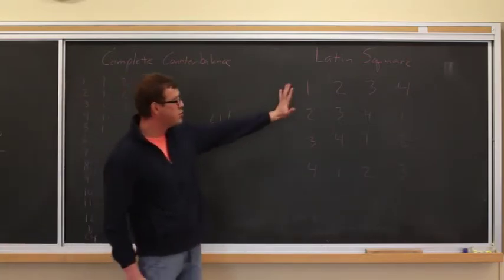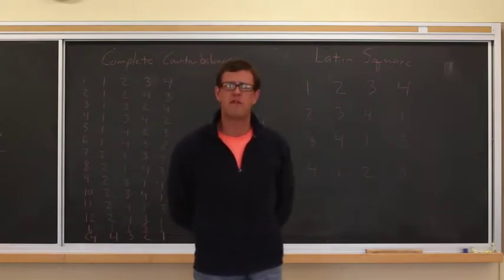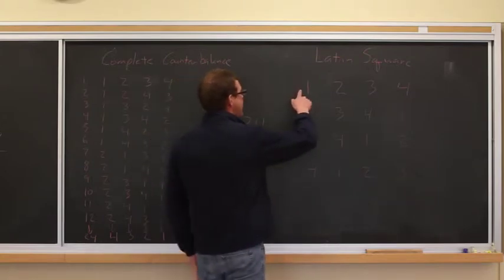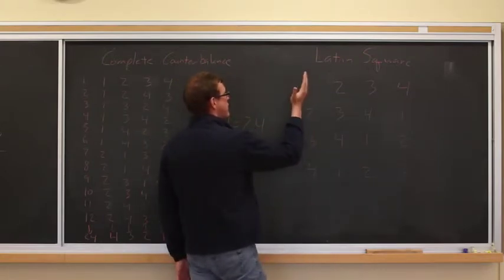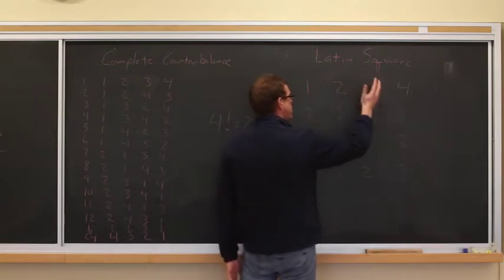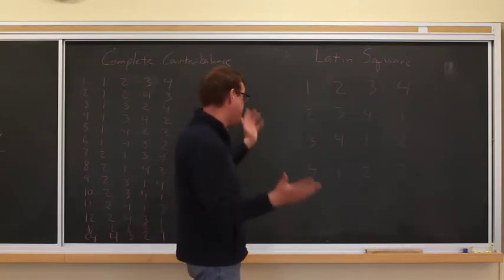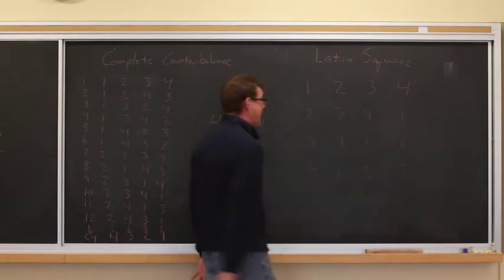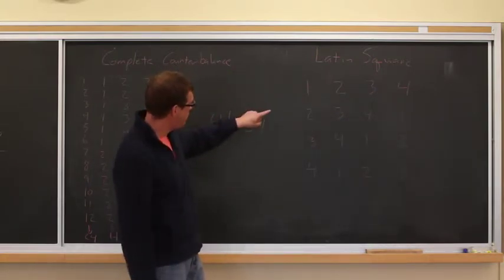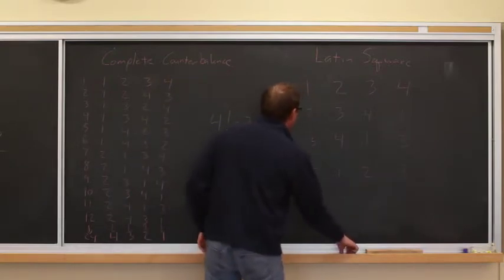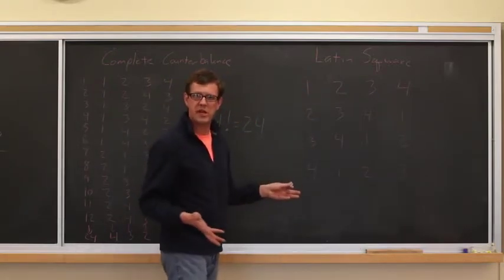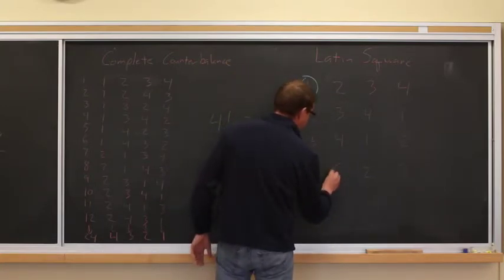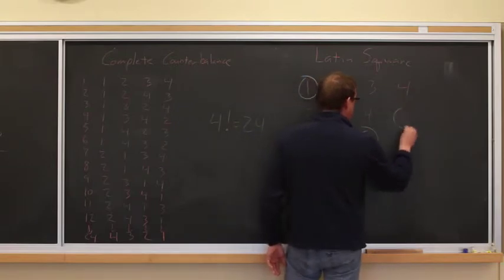Now, another solution to some order effects is to use a Latin square. In a Latin square, one participant is going to perform in condition 1, 2, 3, 4. Some participants are going to perform condition 2 first, then 3, 4, then 1 last, and so on. What you notice about the Latin square is that each number appears in each location. We have 1 first, second, third, and fourth.